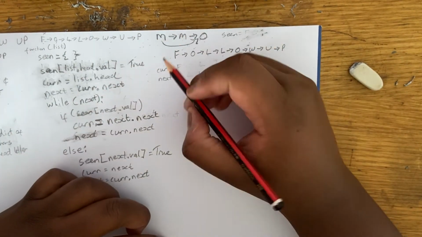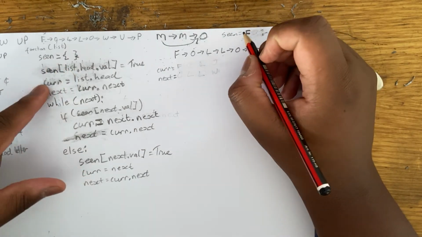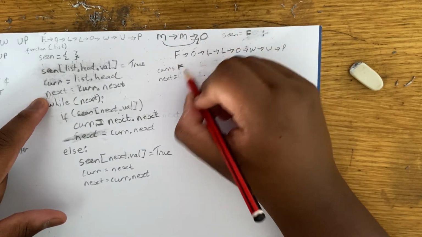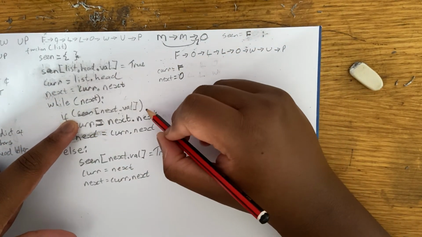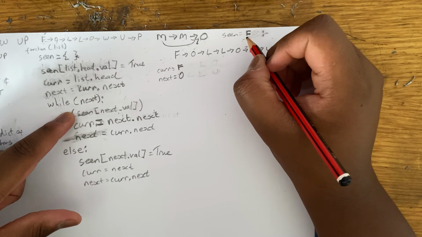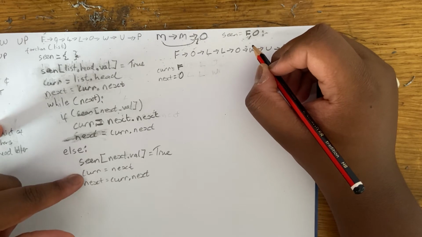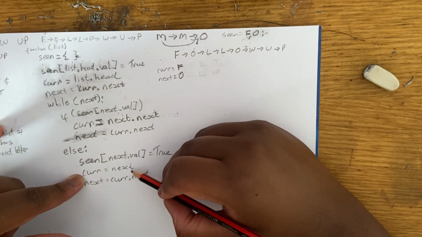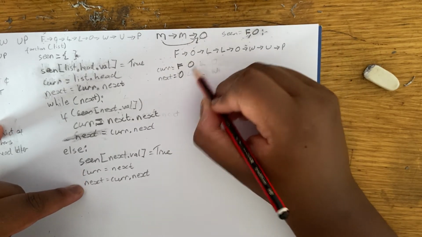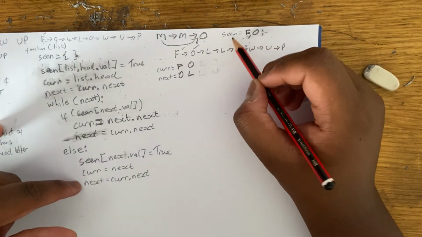Okay, so we put the F in seen since that's at the head, right? Then current is list dot head, so that will be our F, and then the next will be O. Have we seen O? No, so we're going to put our O here. Then current's next is O, and then next is L. Now we come here.